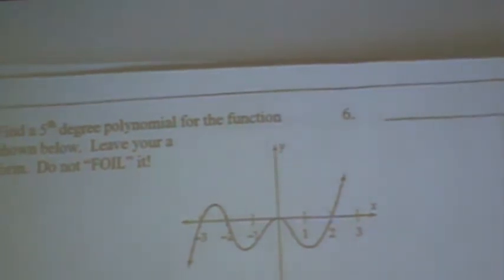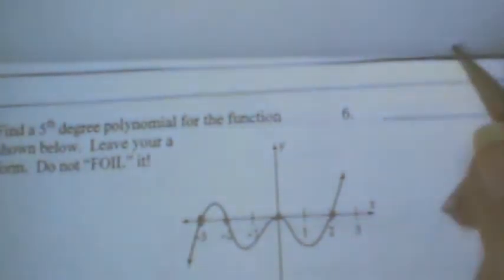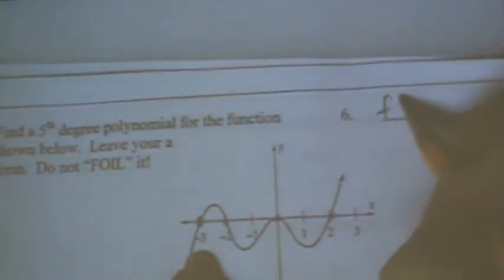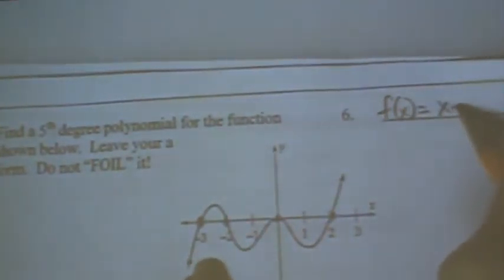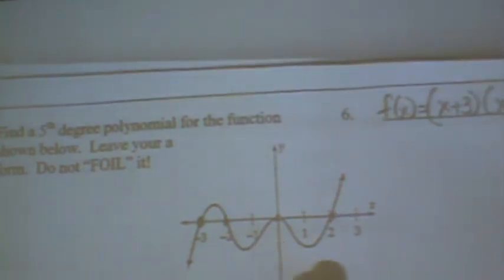Okay, number 6. This is a 5th degree polynomial. Can you tell me how to write this out? What are all the zeros? -3, so you've got f of x equals x plus 3, and then x plus 2, and x, and x minus 2. Now what's wrong with this answer?